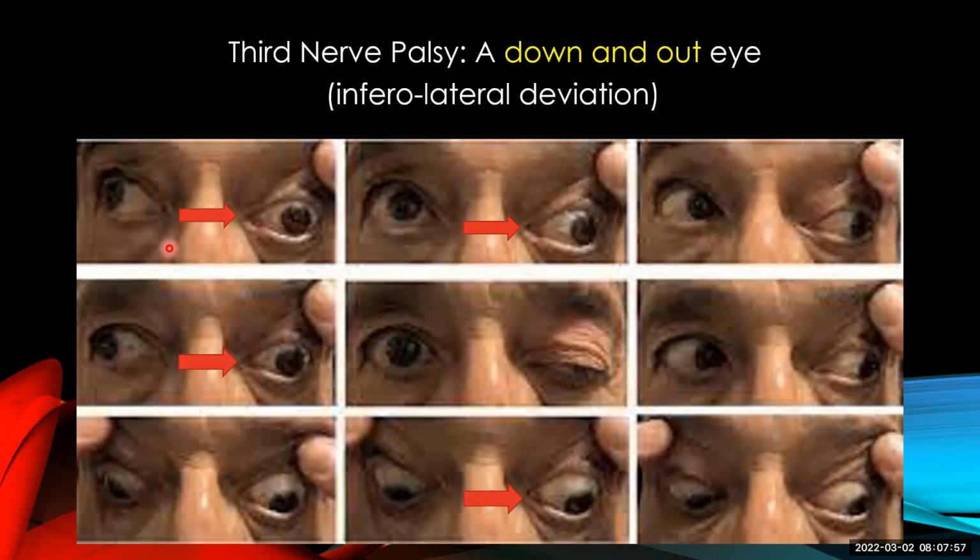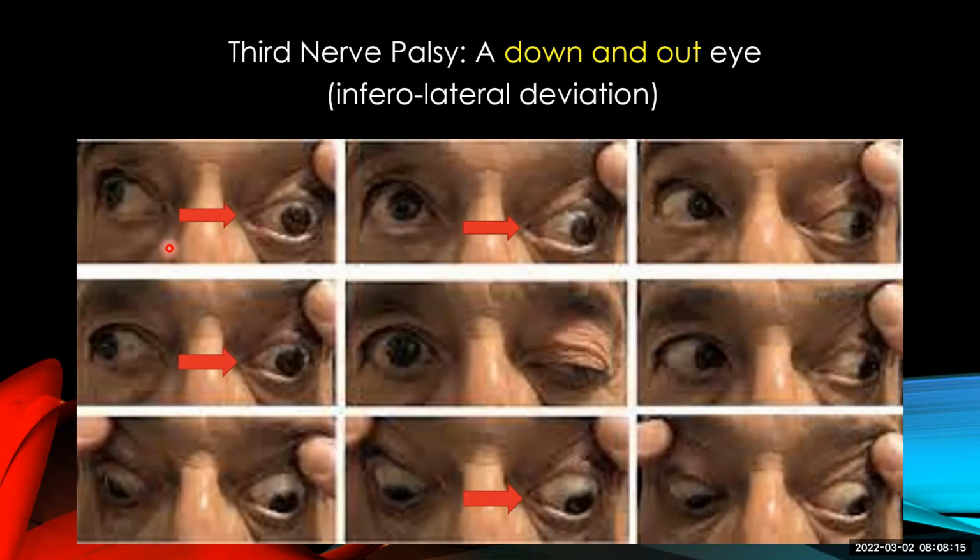And having said so, not all third nerve palsy will present classically like this. It all depends on the degree of damage that we can see towards the third nerve. And hence comes this classification known as complete third nerve palsy as well as partial third nerve palsy.